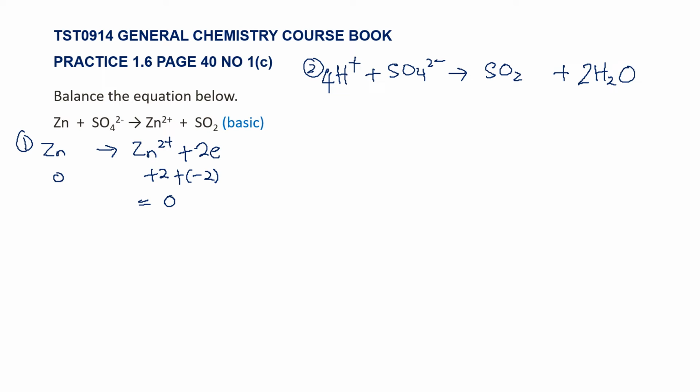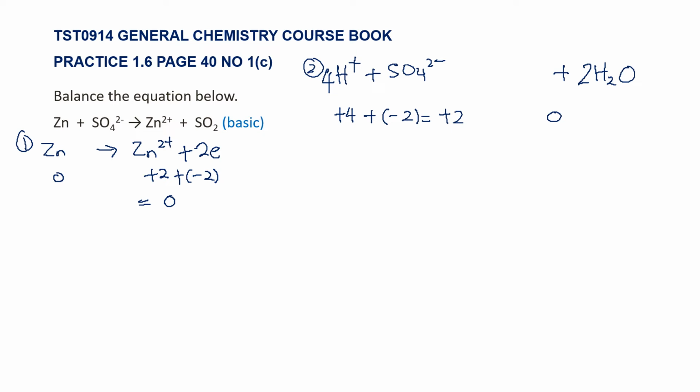Now we have to balance the charge using electrons. Here we have 4 times positive 1, plus negative 2, so the total charge on the left side is positive 2, and on the right side we have 0. To make it balanced, we have to add electrons.